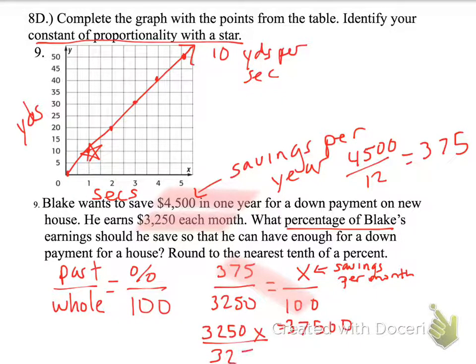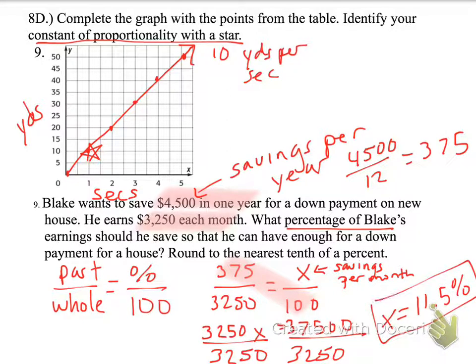Divide by 3,250. Divide by 3,250. And we get that the savings per month is 11.5%. So you need to save about 11.5% of his money.